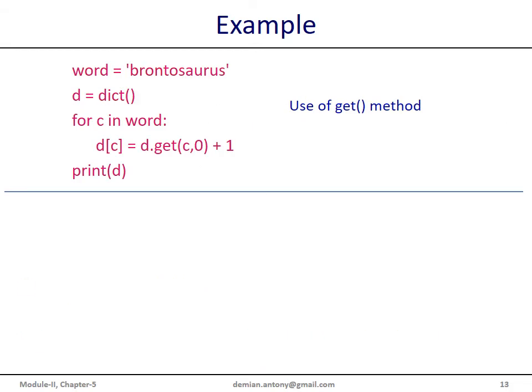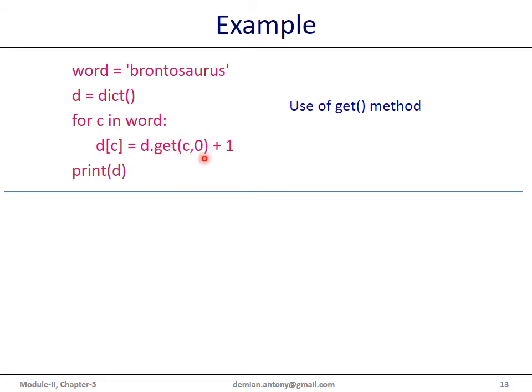This is the second implementation method, wherein we are using a get method, and we have avoided the if else structure. What we do is, again we check each of the letters, and for each letter we check whether C is present as a key.